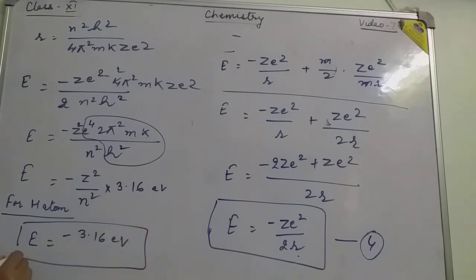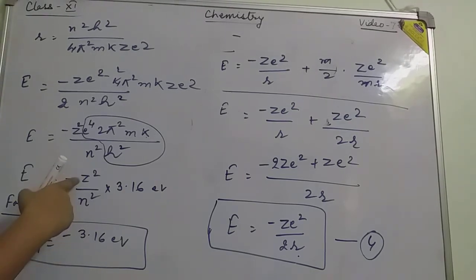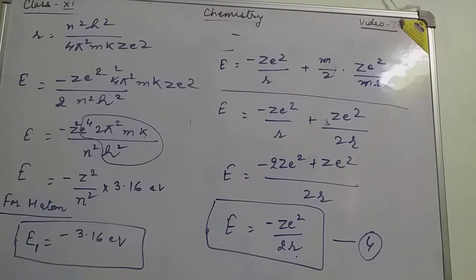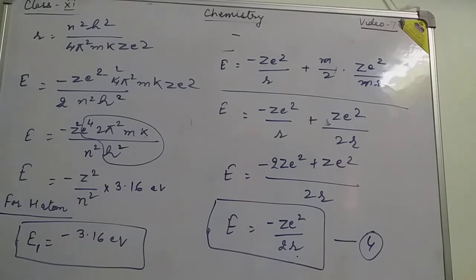This is the E1 energy for the hydrogen atom in its first shell, and for a single electron system n may be 2, 3, 4 or 5.